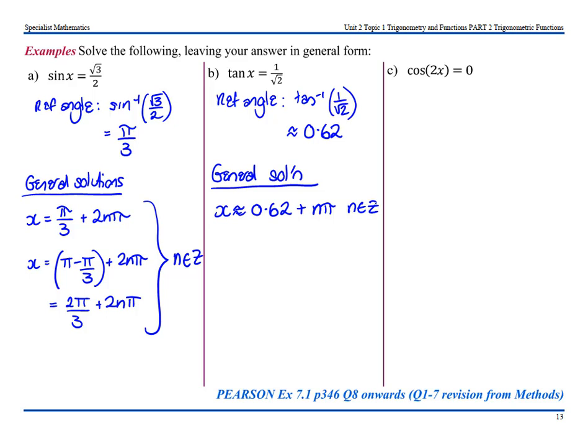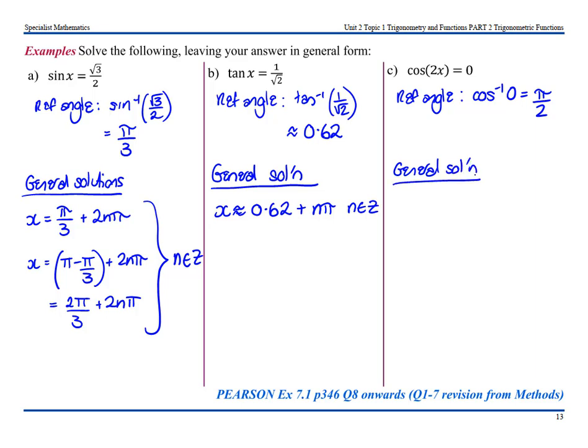Looking at the next one, which is cos 2x equals 0. So my reference angle is inverse cos of 0. Now, cos is my x coordinate, so that happens at pi on 2. So note for my general solution, I don't have to find the first and fourth quadrant.